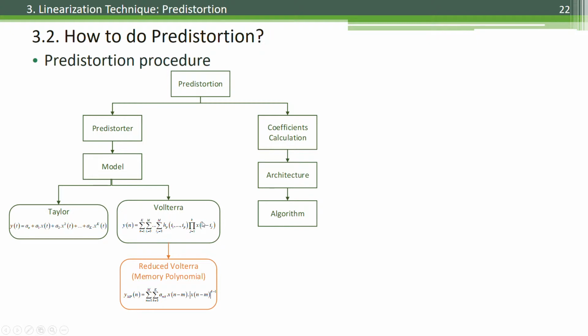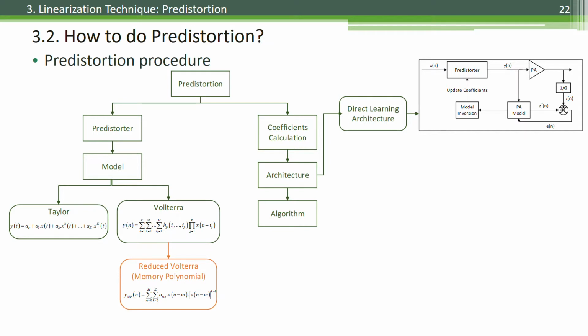So it includes all the possible forms of memory effect. However, it results in a large number of coefficients and increases the computational complexity. Therefore, in practice, we use a reduced Volterra series model like a memory polynomial to overcome the computational complexity while still describing memory effect.